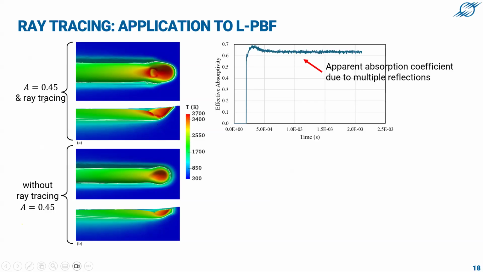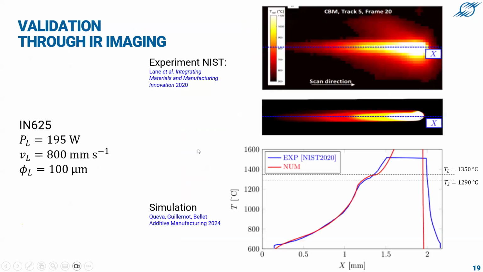But once you take into account multiple reflections thanks to ray tracing, in fact, you can see that the deflection is more marked and the apparent absorption coefficient is as high as 0.63, so which is a 50% increase with respect to the 0.45 initial. So that's very important to control, to implement ray tracing, I think, to be more predictive in terms of energy.